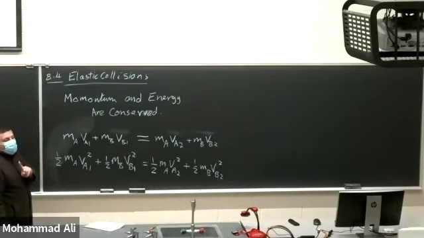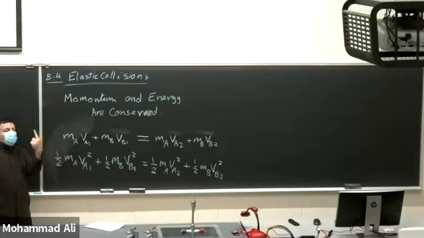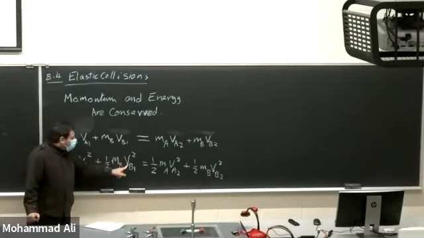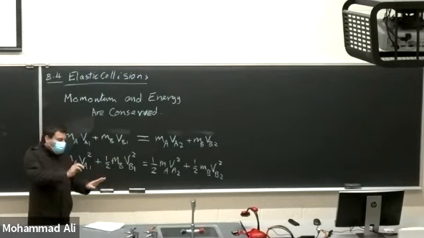So we will deal with the velocities before the collision. We will take just one velocity, and we will assume the second object's velocity is 0. The object B, we will assume it is at rest before the collision.